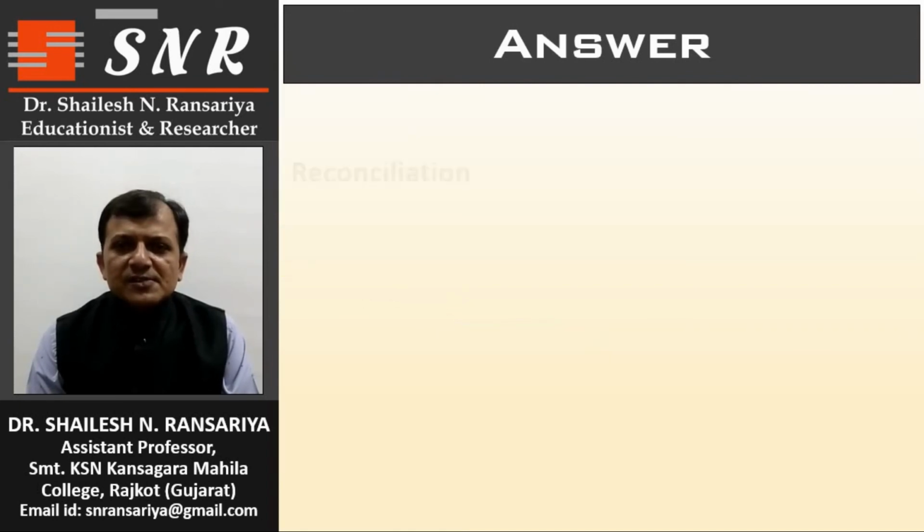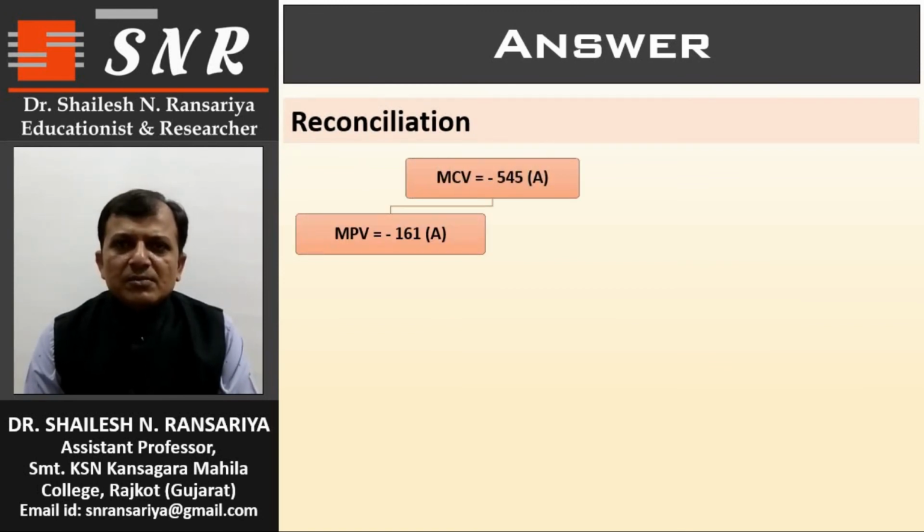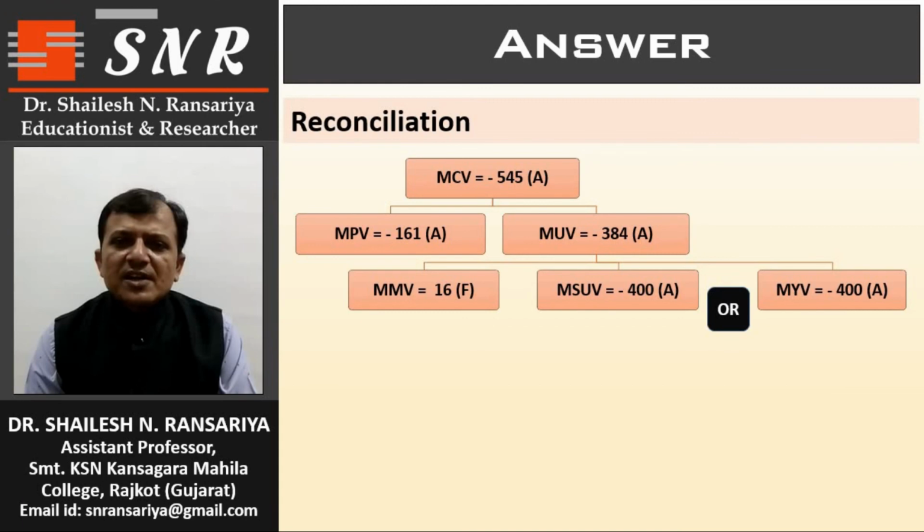Now reconciliation of variances. MCV minus 545, MPV minus 161, MUV minus 384. MUV is classified into 3 variances: MMV 16 favorable, MSUV 400 adverse, and MYV also 400 adverse.